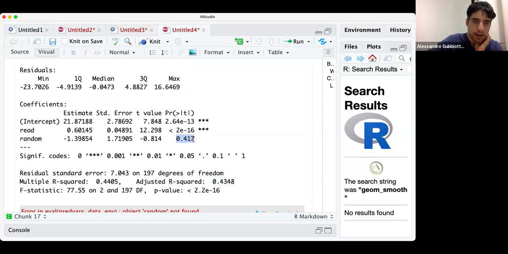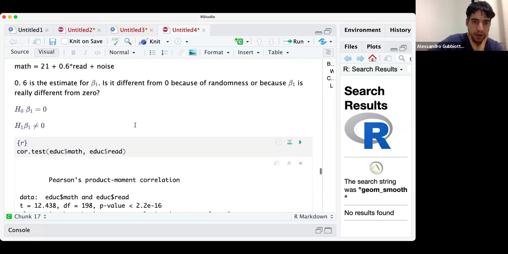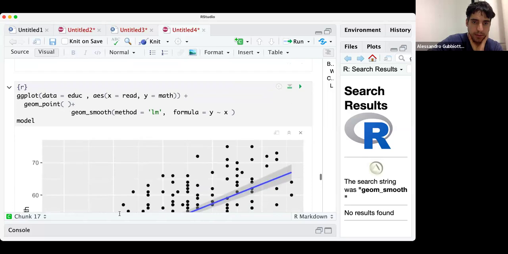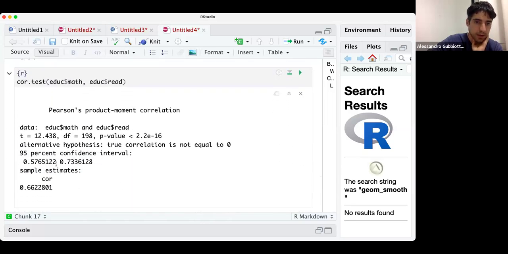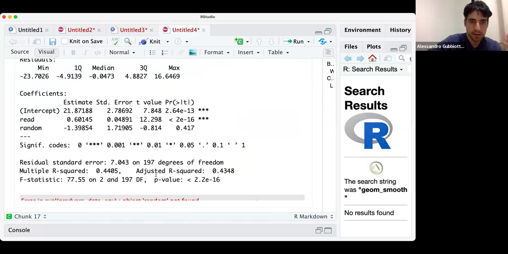And you can see that the test tells us that random and the variable y, the math score, are not correlated, because of the p-value. So this is basically what I wanted to tell about the statistics that our model gives us.